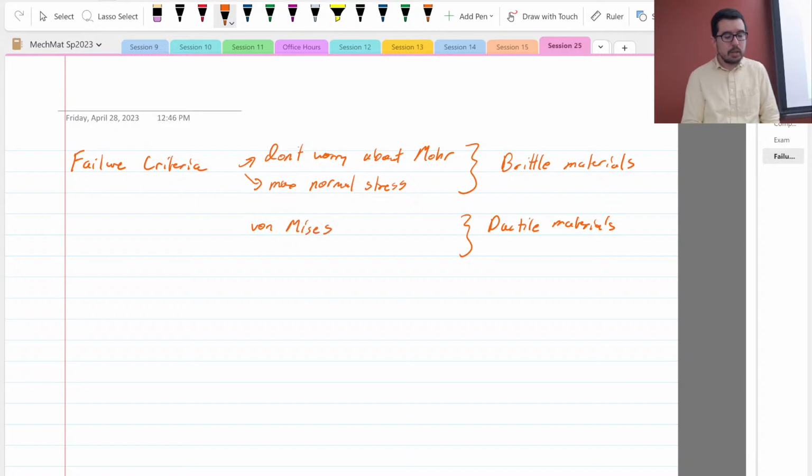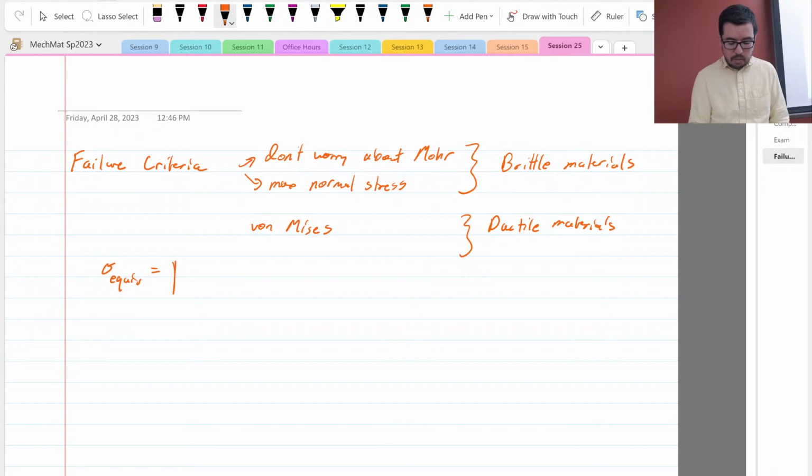The thing to remember with von Mises is it actually is trying to make your life easier, but it might get a little confusing. With von Mises, we come up with a sigma equivalent. This sigma equivalent is what we're comparing to the yield strength that someone reports for a material.